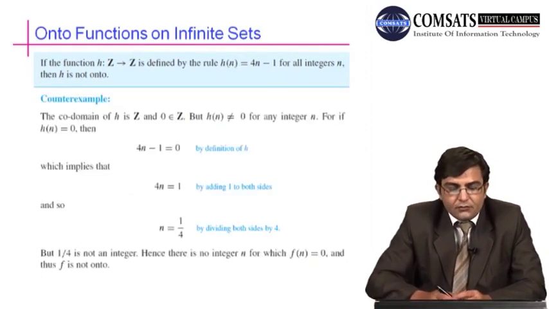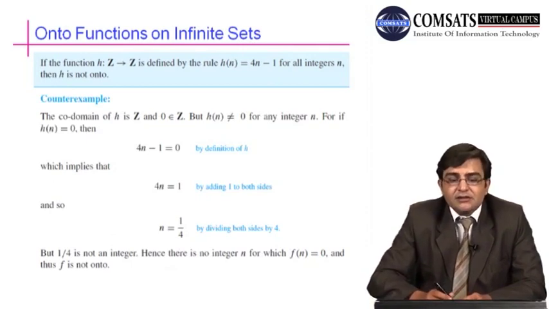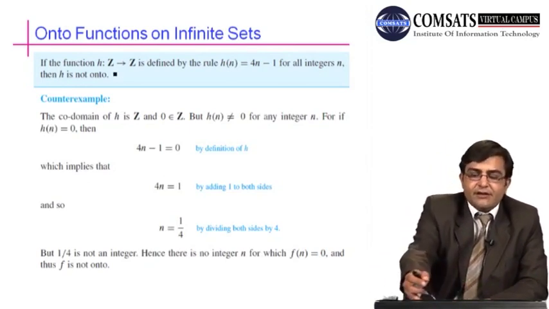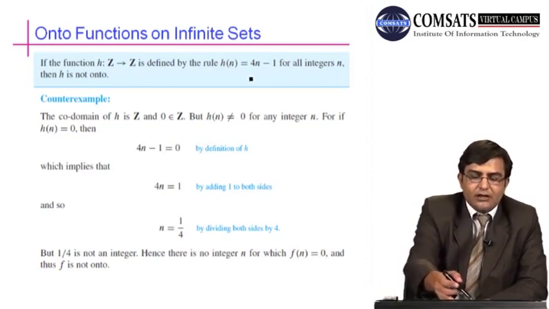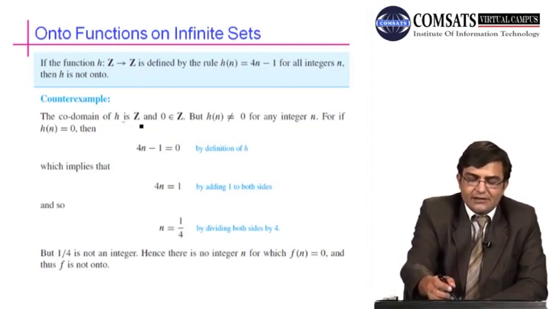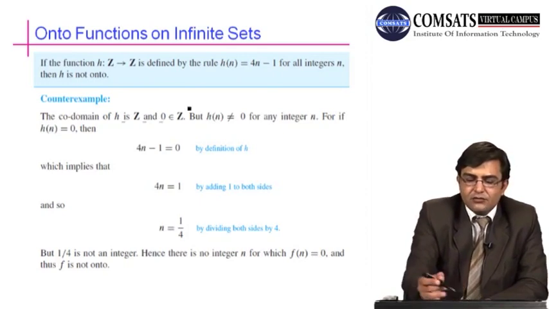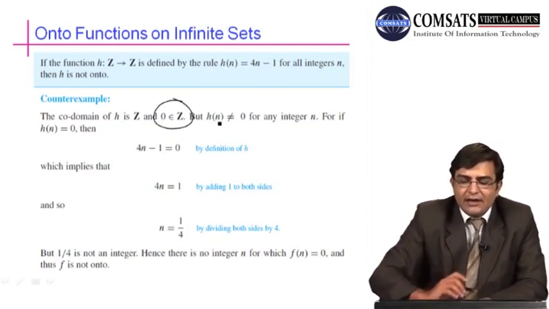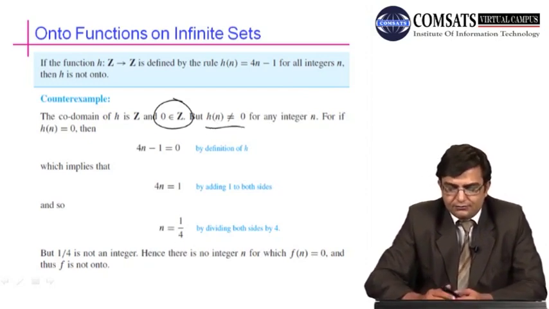Here I have given some counterexample which proves that this function is not onto. If the function h from z to z is defined by this, the codomain of h is z and 0 belongs to z, we take it in the codomain. But h of n is not equal to 0.